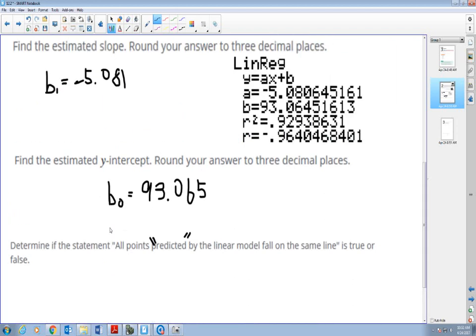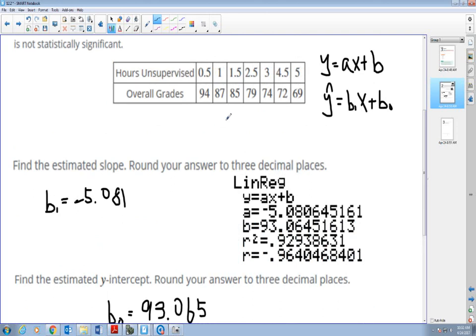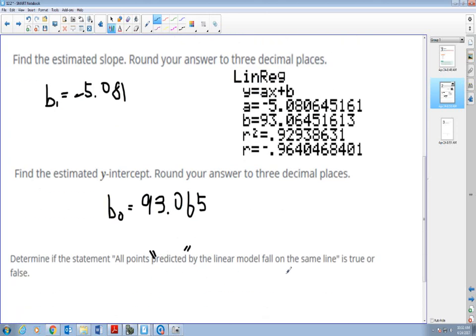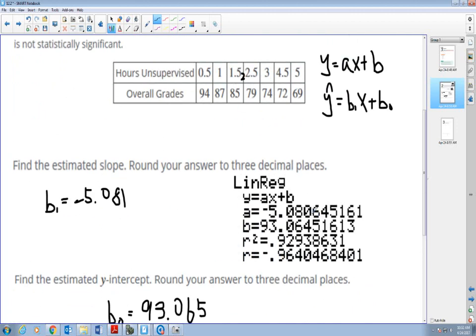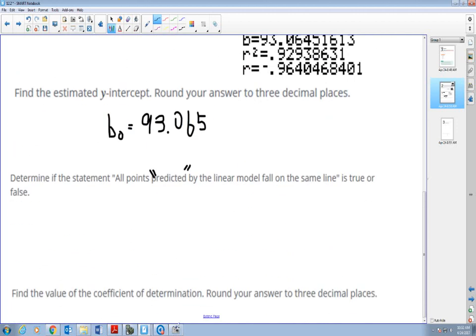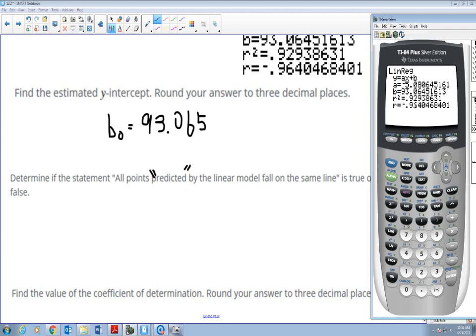If I want to do any prediction, maybe 2 hours unsupervised, what's the grade? For me to come up with that overall grade, it has to be a predicted value. So of course all the predicted values have to be on the line, because that's the line I'm going to draw.